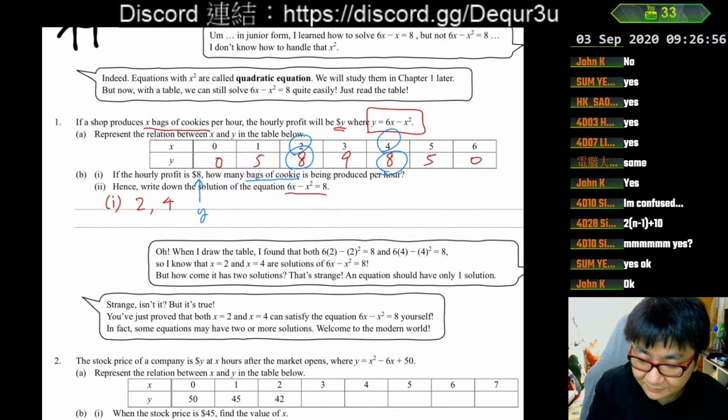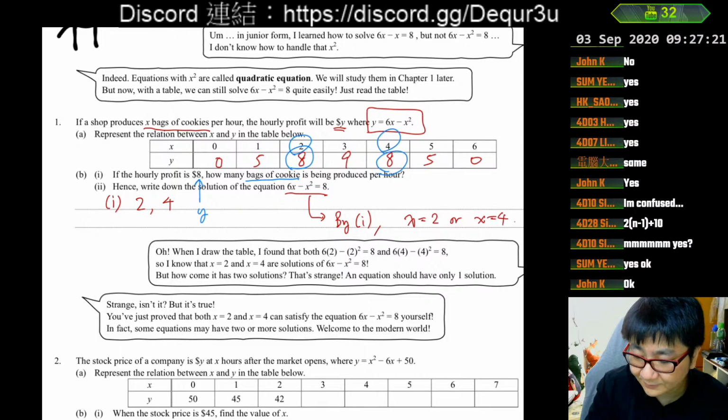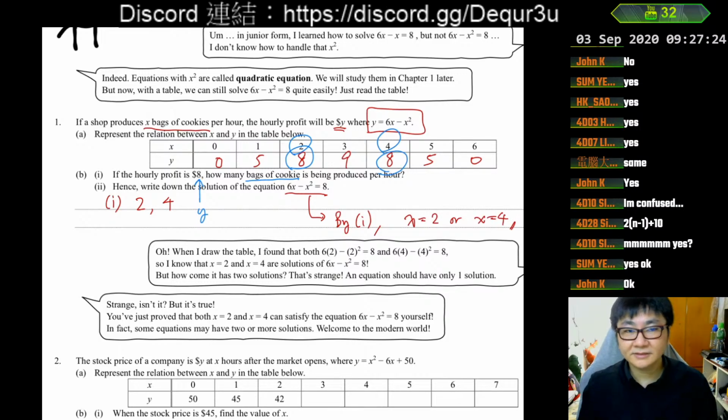Therefore, in part 2, when we are to solve this, we can immediately just use the part 1 result. They are exactly the same situation: the situation of cookies and profit is the same as solving this equation. And therefore, by part 1, we can say x equal to 2 or x equal to 4. So you can see if we make a table, it helps us to find unknowns in an easier way.